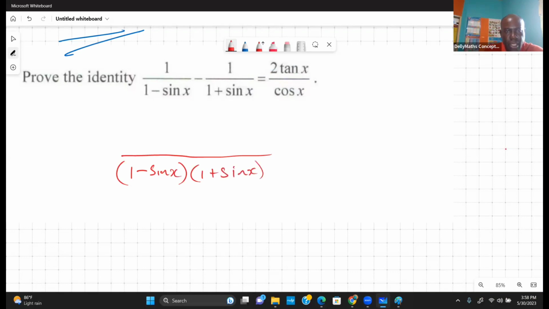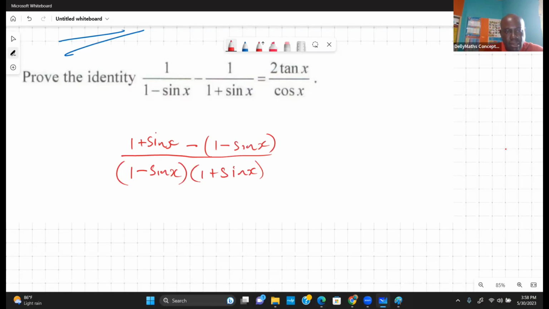So now, when we start working, we're going to get 1 minus sine square cancel. So we're going to get 1 plus sine x here. And then this cancel will have minus. And then in the bracket, I'm going to have 1 minus sine square x.